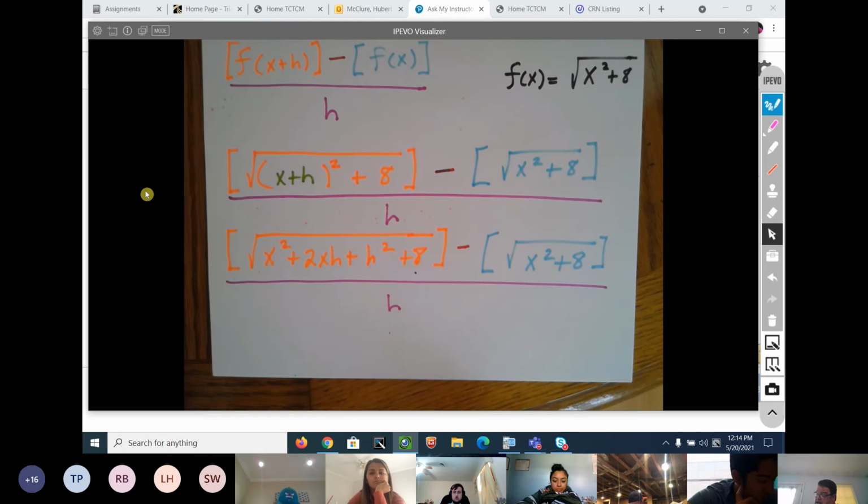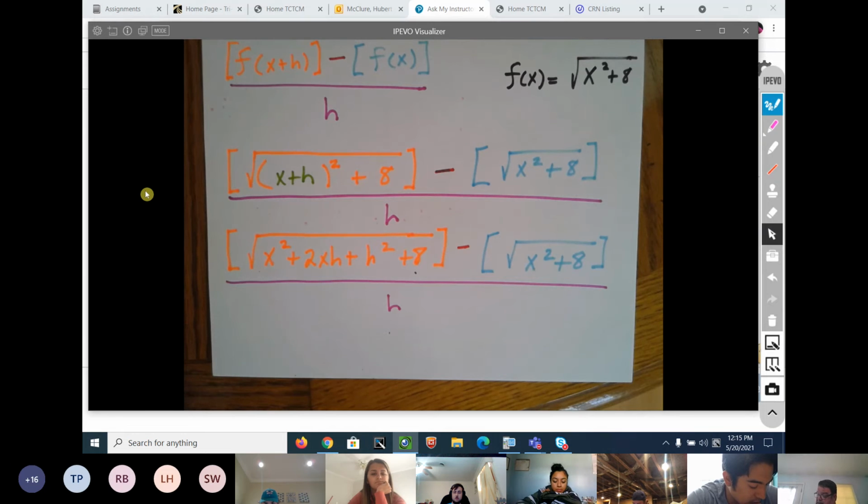Even if you did conjugate, the x squareds would cancel, the 8s would cancel, but then you could cancel the h's, and you'd get 2x plus h.